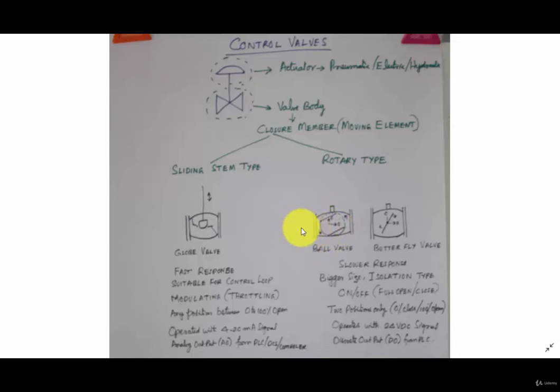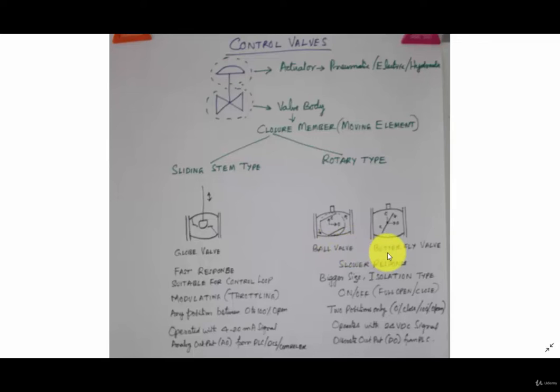If this bore and the inlet and outlet are on the same axis, it is full open. Bore means open. When it turns 90 degrees, it blocks the flow. That is the closed position. That is a ball valve.